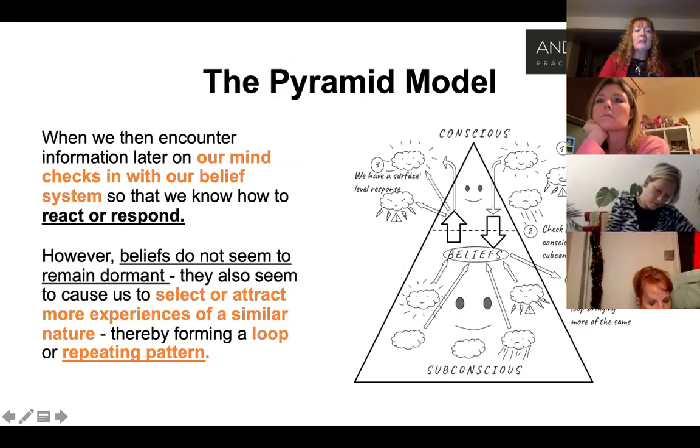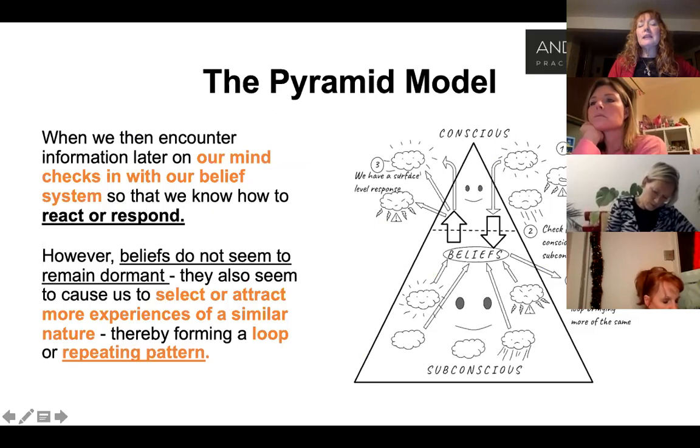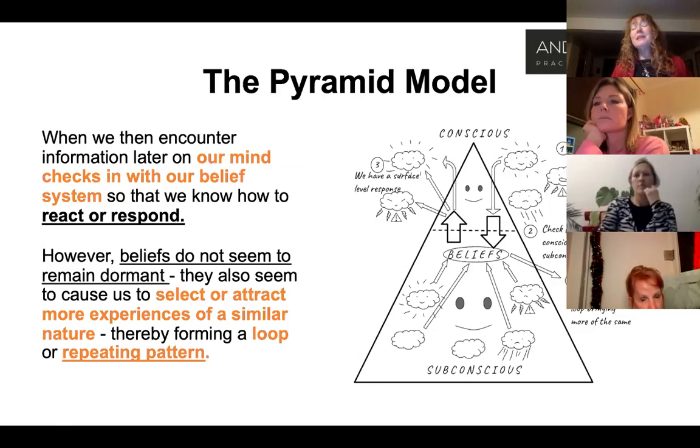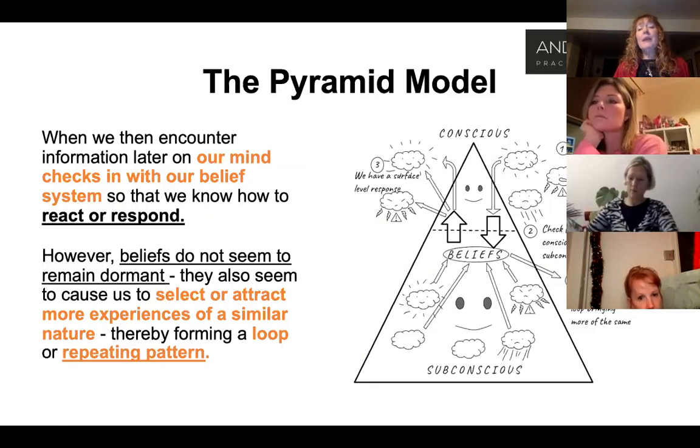Okay, so what tends to happen, going on a little further with the pyramid model, is that we've got all this information coming in. If you think how much information, how many events we experience, how many different emotions we feel about different things throughout our life, we have to keep just a small amount on the surface, and we have to respond and react according to our belief systems.